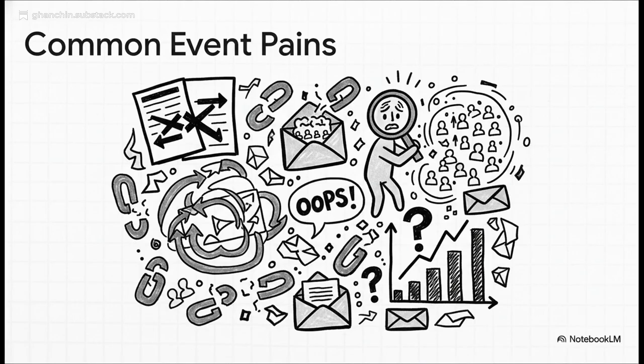You're trying to manually track who's coming from like 5 different places. You've got a dozen different links floating around for different events. And oh my gosh, the worst part, a time or location changes, and now you're stuck blasting out these correction emails, just praying everyone actually sees it. And after all that work, you have basically zero real data on who's even paying attention.